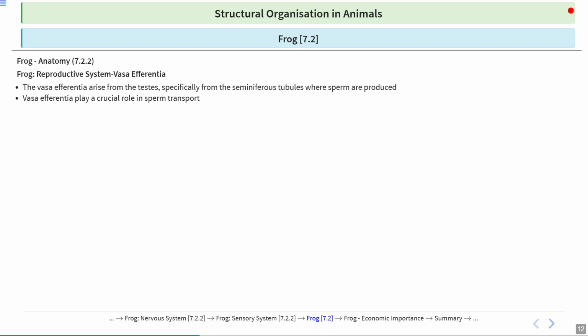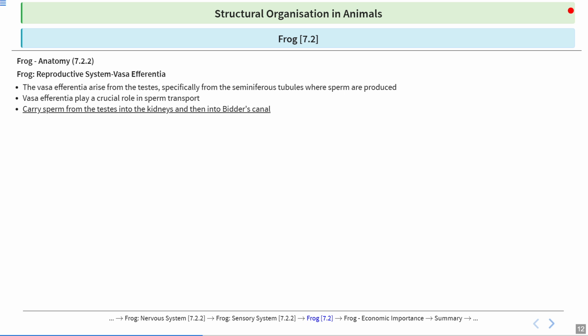So this vas efferentia is very important for transportation of the sperm. They carry sperm from the testes into the kidney and then into the Bidder's canal. Inside this kidney, the sperm passes through this Bidder's canal.